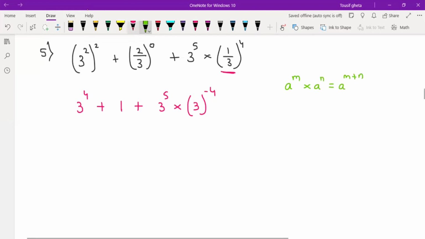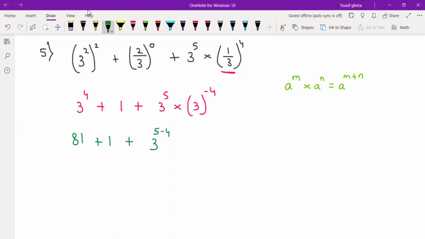So let us solve it. 3 to the power of 4, we know it is 3 into 3 into 3 into 3, that will give 81. Plus 1. We need to simplify, so we are expanding and getting the value. Let us solve this one by applying the law, that is 3 to the power of 5. I could have added, but the second exponent comes with a negative power, so we need to subtract, that is 5 minus 4.